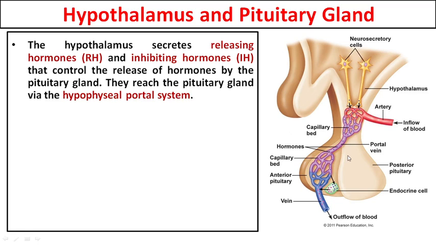Portal system is different. Why? Here you can see the artery is entering your hypothalamus. So this is that artery, and you can see it is splitting, it is branching off, which is normal. That is what should happen. Now these arteries are splitting off, but the final capillaries are converging and forming your portal vein, which is also fine.